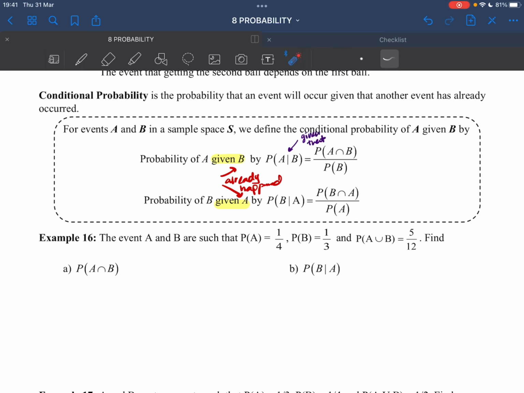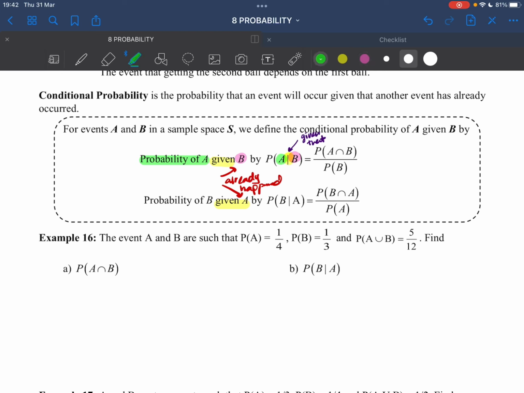If you want to find the probability of A given B, given is the bar there, B. That's it.